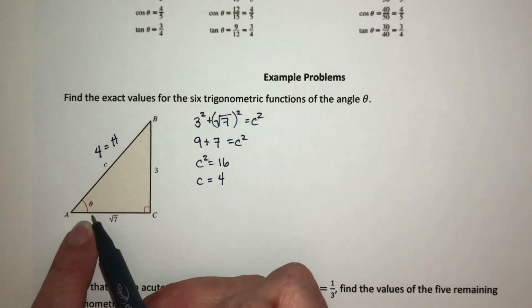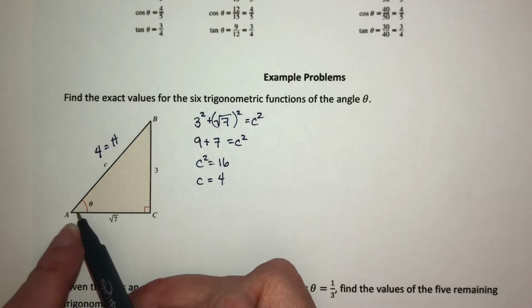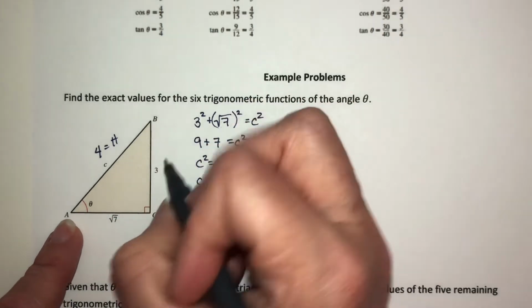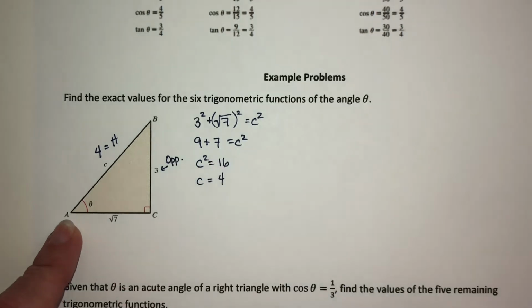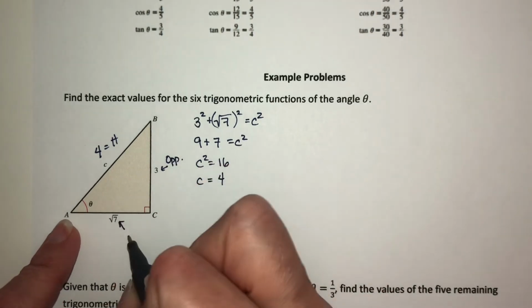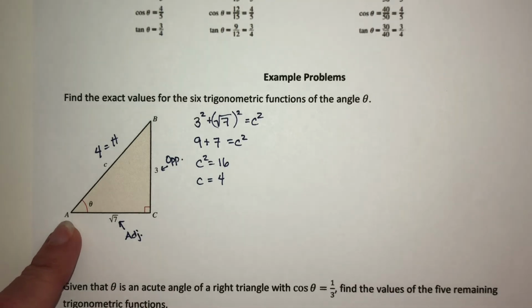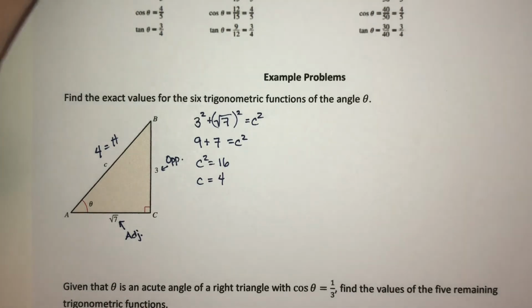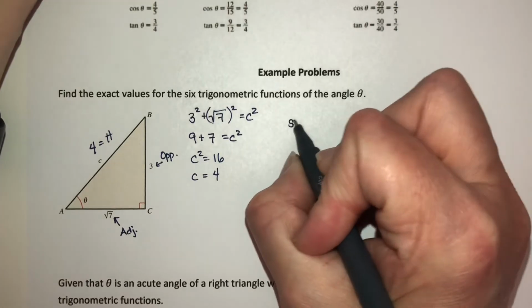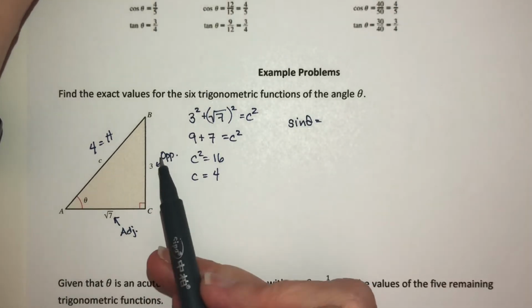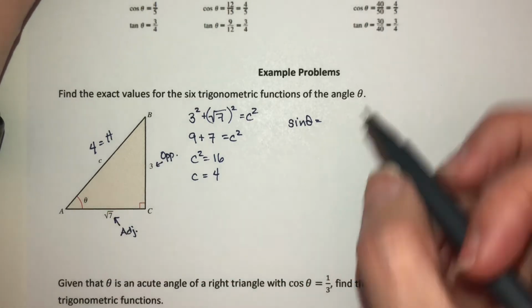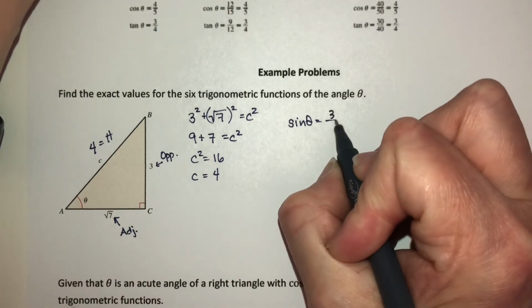Okay, so this is 4, and it is the hypotenuse. Here's our reference angle theta. The one that is opposite that angle is 3, so this is opposite. And that means this one is adjacent. Okay? So, sine of theta. Sine is opposite over hypotenuse, so it will be 3/4.